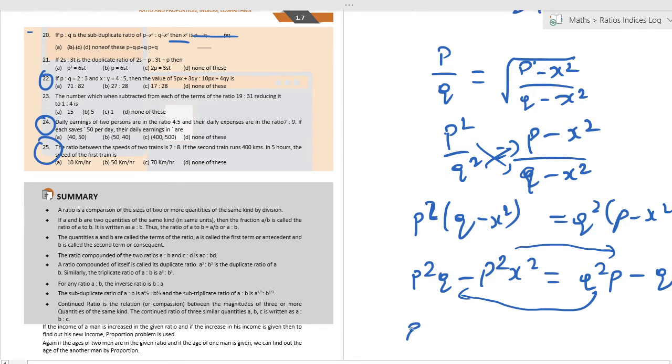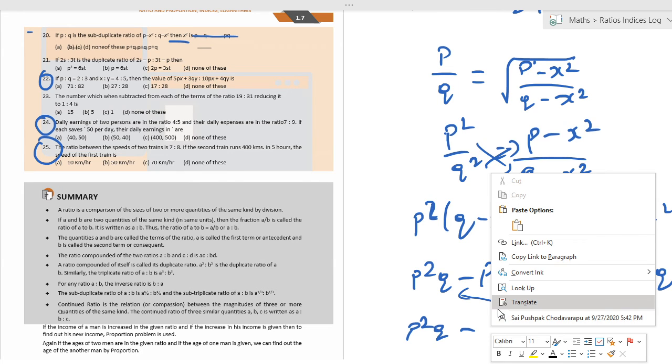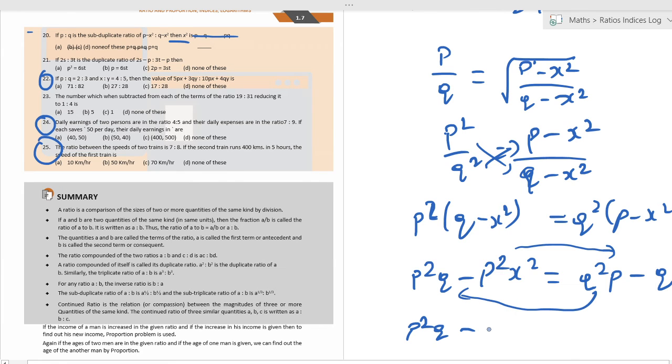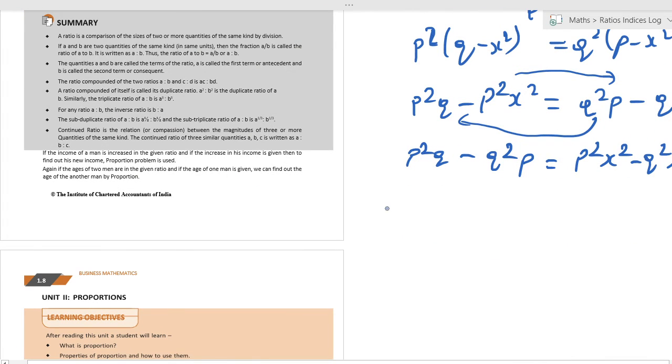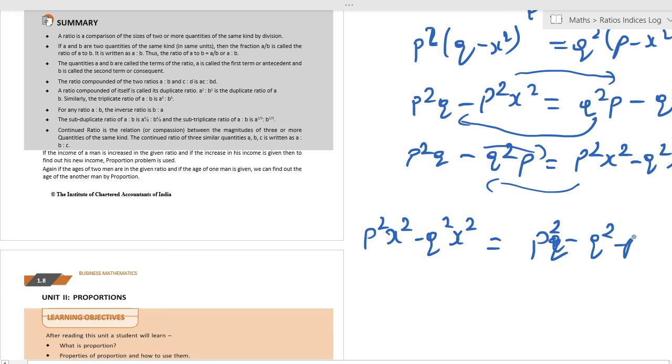So P square Q minus Q square P equals P square x square minus Q square x square. So we'll send this term here. P square x square minus Q square x square equals, we'll send this term here, P square Q minus Q square P.